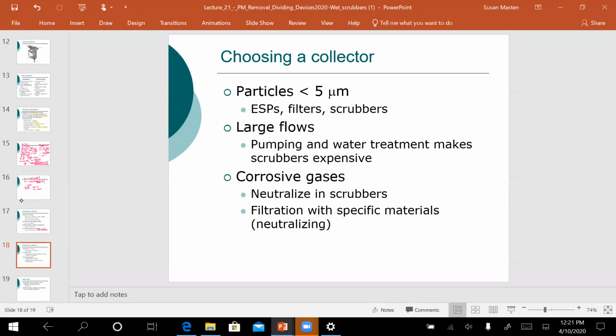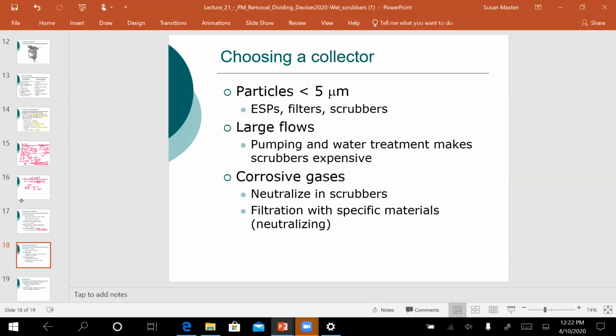Particles that are less than 5 microns, typically you're going to look at ESPs, baghouse filters, wet scrubbers. Again, it depends on, are these particles hygroscopic? Are they charged? What's the electric resistivity of these particles? So can they be removed in an electrostatic precipitator, or do they need to be modified in some way?